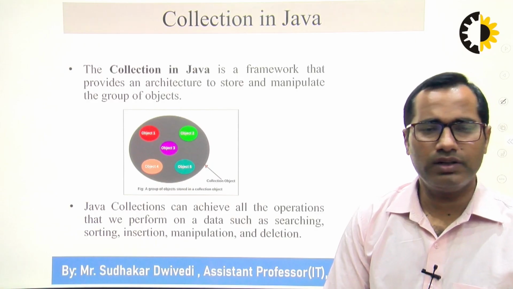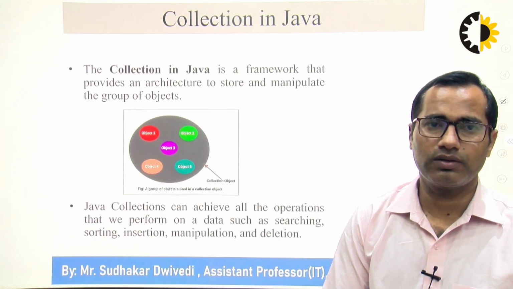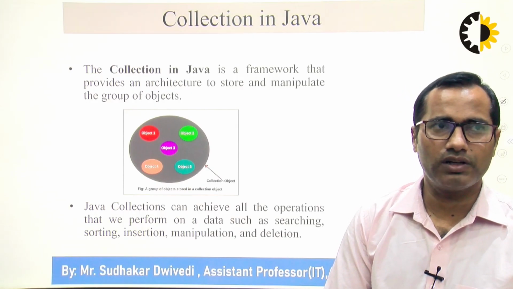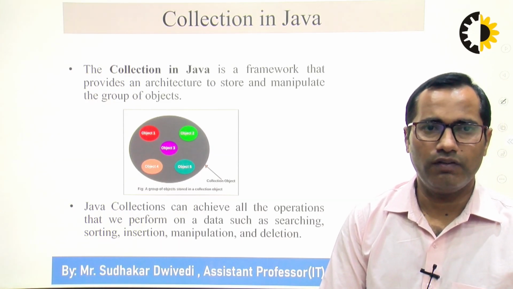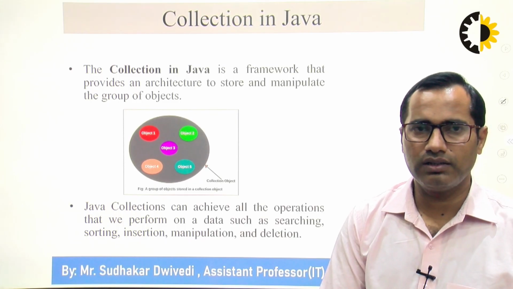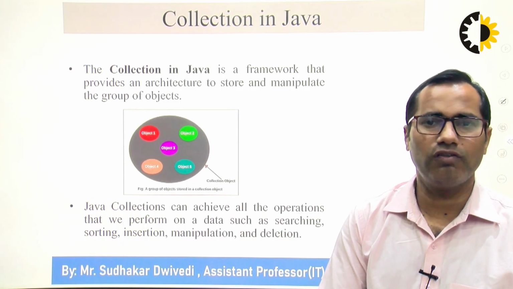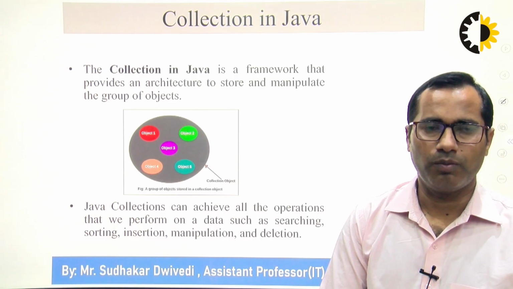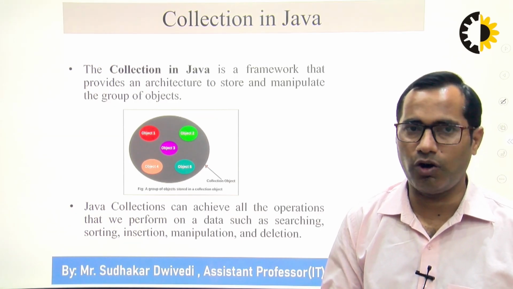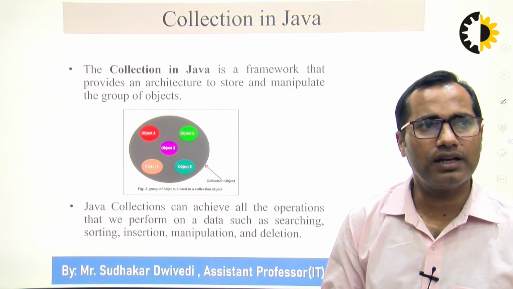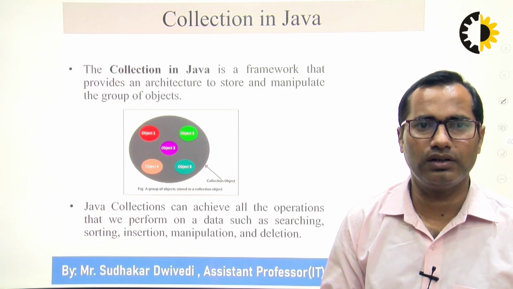Before we discuss the collections framework, we need to understand what collection really means. So what is a collection actually? We can define a collection as a container of objects. A collection is just like a single object which can act as a container to store multiple elements.